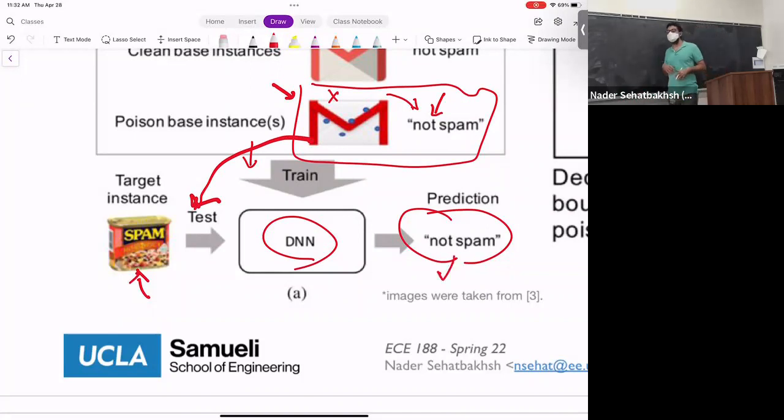This way we can circumvent this intrusion detection or spam detection. So an attacker now successfully sends a spam record, but the system has no idea that this was indeed a spam and will label it as not spam. And this is what this attack does. Does it make sense? Any question?